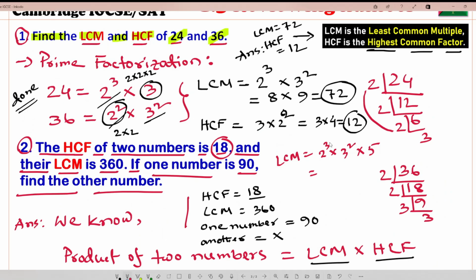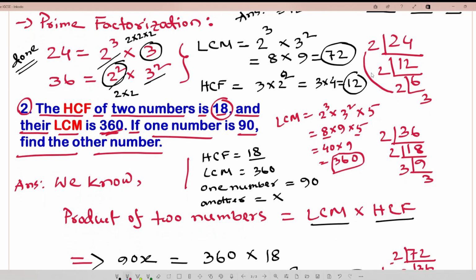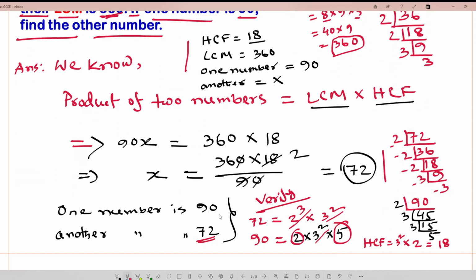So 2 cube means 8 times 3 square means 9 times 5. Now look, 8 times 5 is 40, times 9, 4 times 9 is 36 and 0. So 360 is also okay. So finally we get our result: the other number is 72.